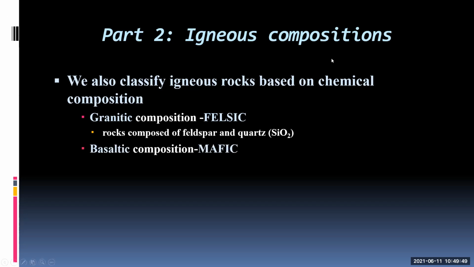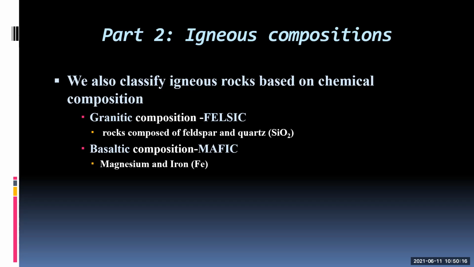You've also heard this term, mafic. Mafic has a slightly different chemistry than our felsic materials. Mafic materials and felsic materials will both have some proportion of their mineralogy consisting of silicate minerals.